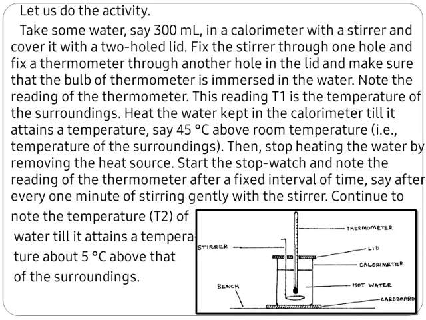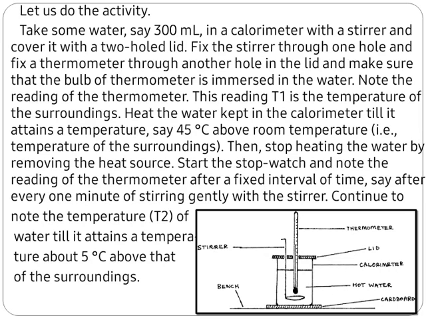Start the stopwatch and note the reading of the thermometer after a fixed interval of time, that is, after every 1 minute, stirring gently with the stirrer. Continue to note down the temperature T2 of the water till it attains a temperature about 5 degrees Celsius above that of the surroundings.